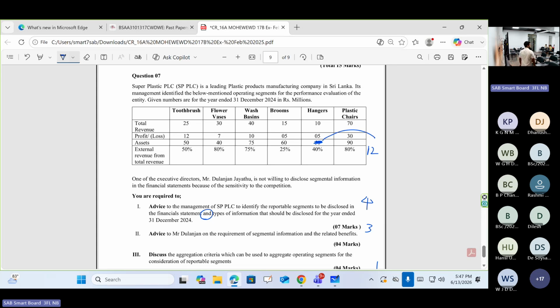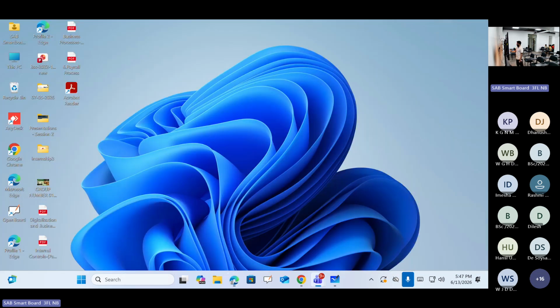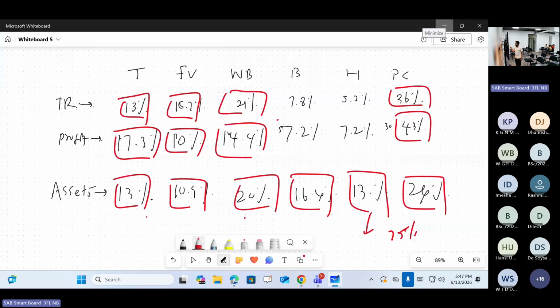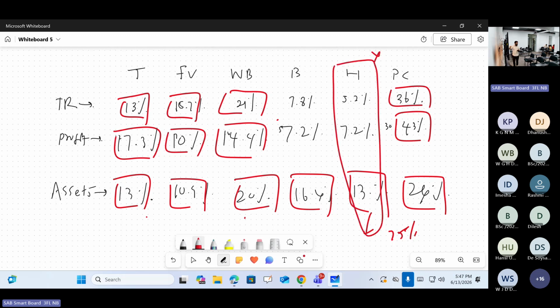Then what's the repercussion? If it is 12, this won't be a reportable segment. Then what do we have to do? We need to take the 75% rule and check whether this is a reportable segment.